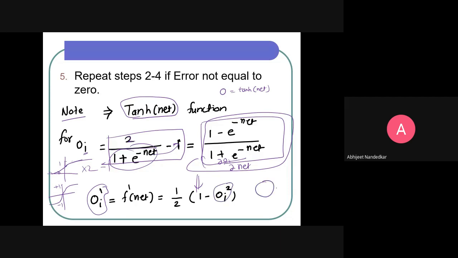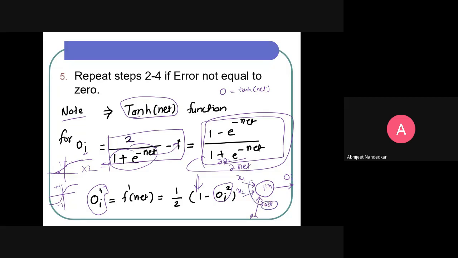So let us say this is a neuron which produces output OI, some ith neuron. These are some inputs. So I calculate net here.